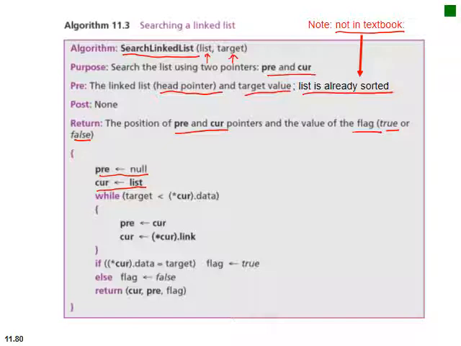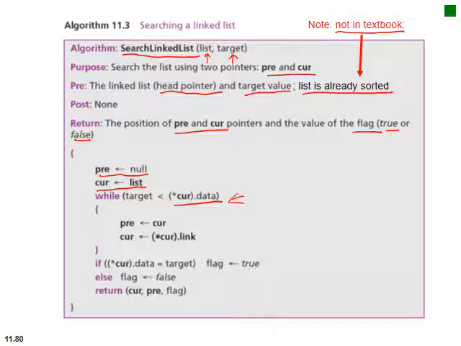In other words, current will also point to the first element in the node. Now our algorithm says while target is less than what current points to dot data, while that is the case, all we can do is we advance the pointer.